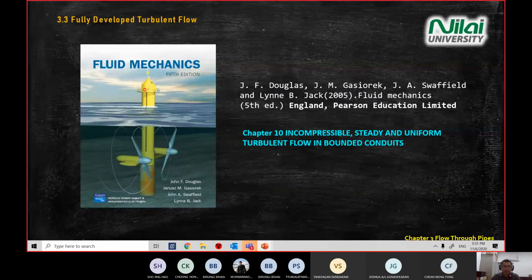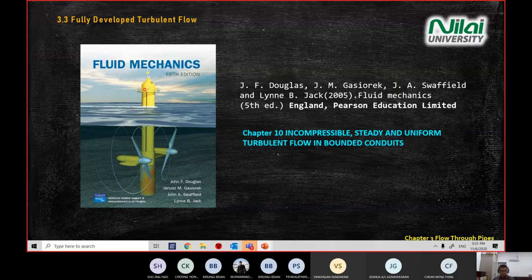All right, next one, we look at question 24, which is part of your module. We're going to look at the Chezy equation and the Darcy equation. Again, we're still at fully developed flow.